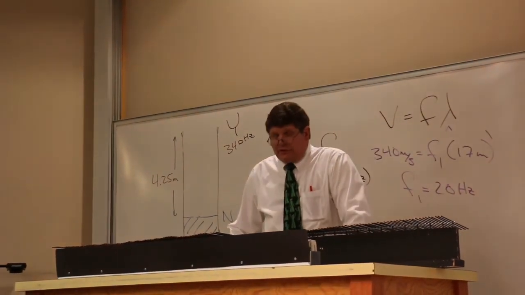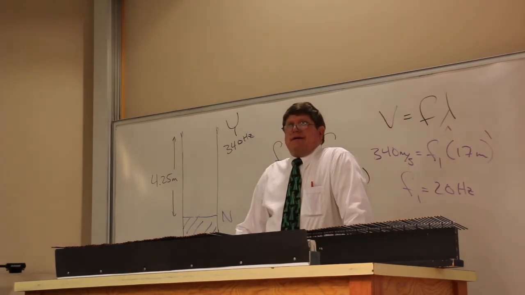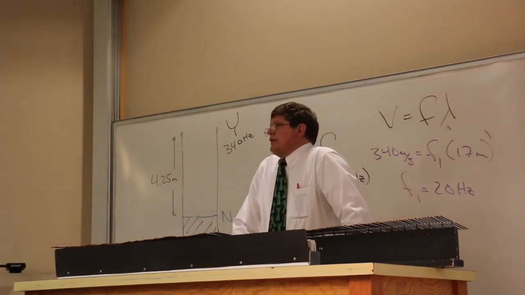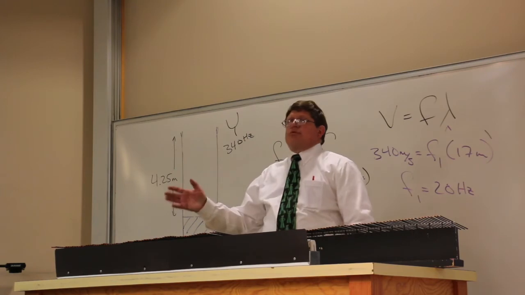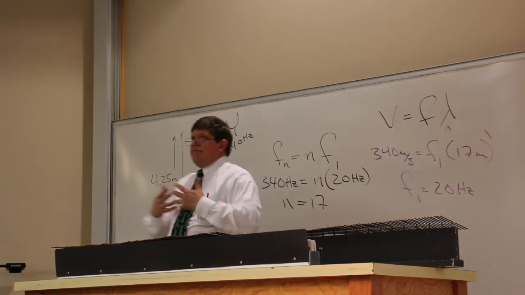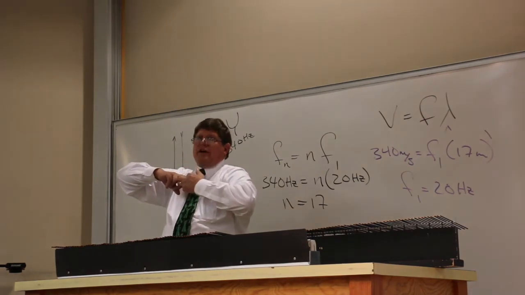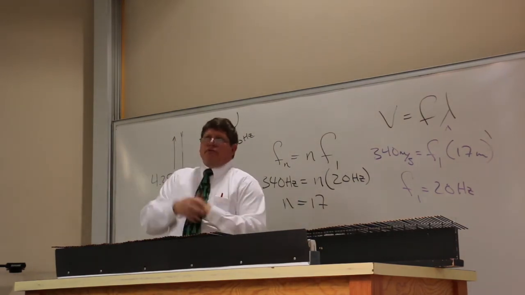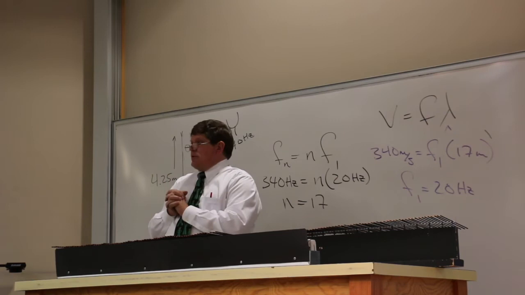Now, let's just agree up front that it doesn't seem that important when you're dealing with one spring connected to another spring. I mean, how many times in your life have you had two springs connected together and sent a pulse and worried about what happened at the boundary?